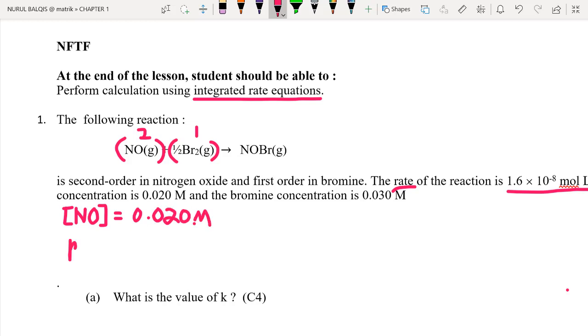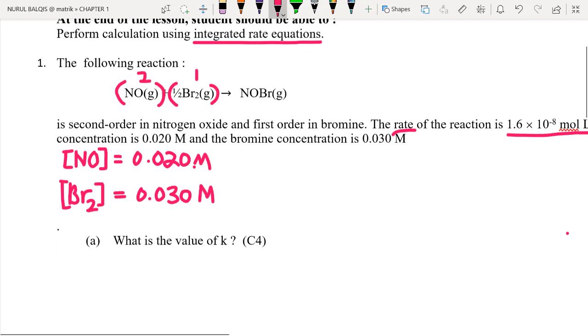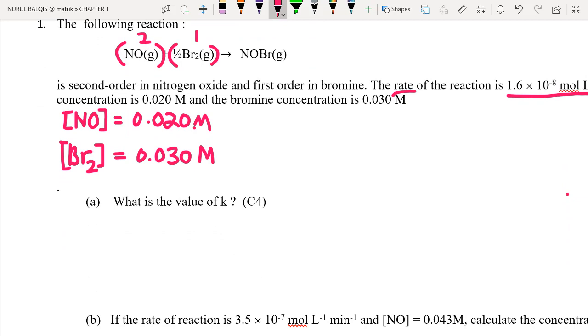And then we are also given the Br2 concentration of 0.030 molar. The first question asks you to calculate the value of K.